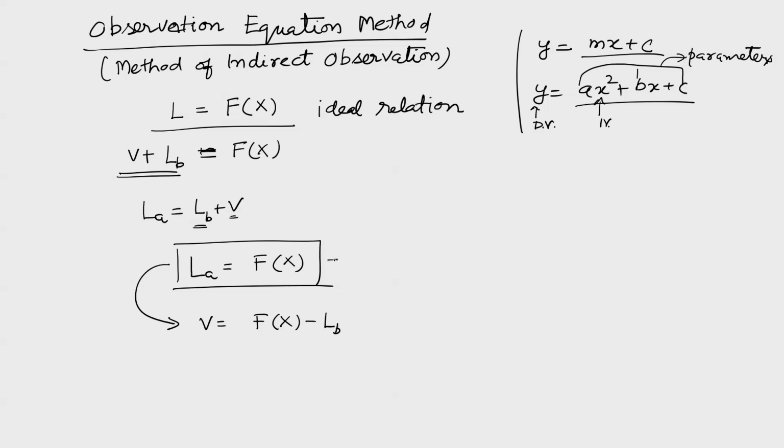I also explained that Fx equals Ax. That means there is a matrix which multiplies the x parameters, and I get some Fx. That's the idea here.